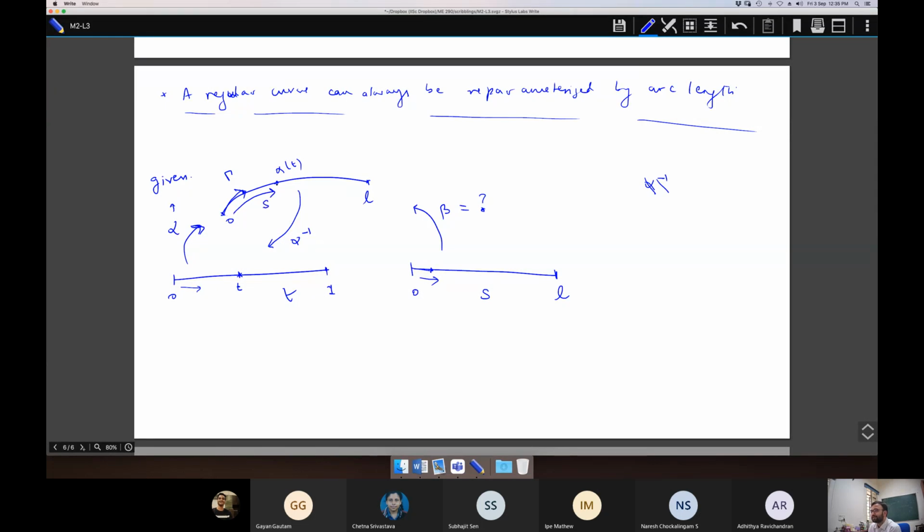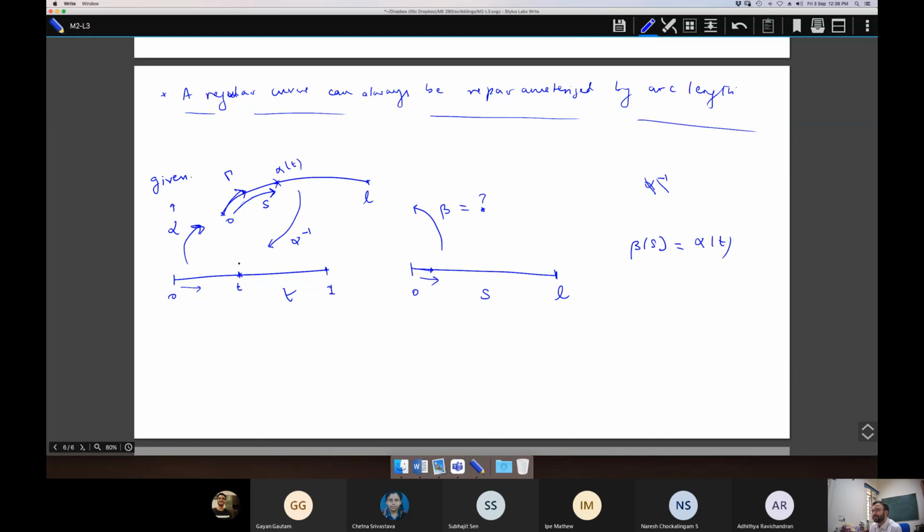The arc length of this point for this point is S. Okay, so you should have beta of S equal to alpha of T, correct? The point at a distance S has to be the same one.